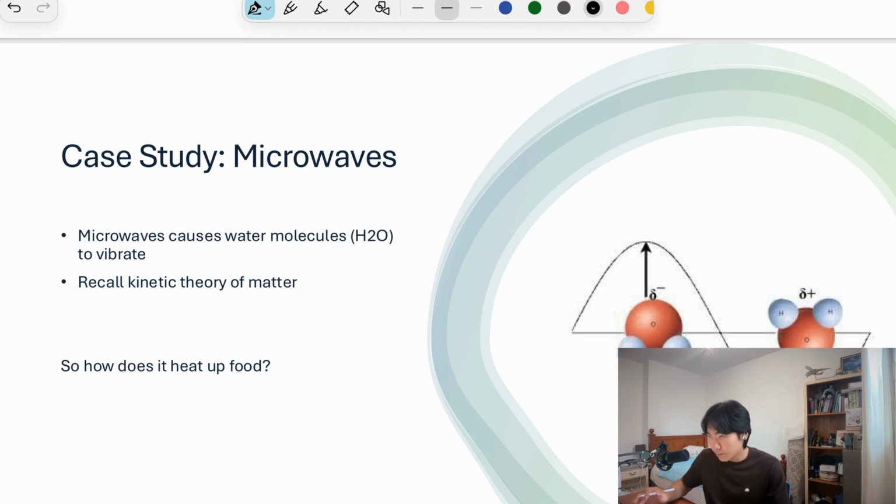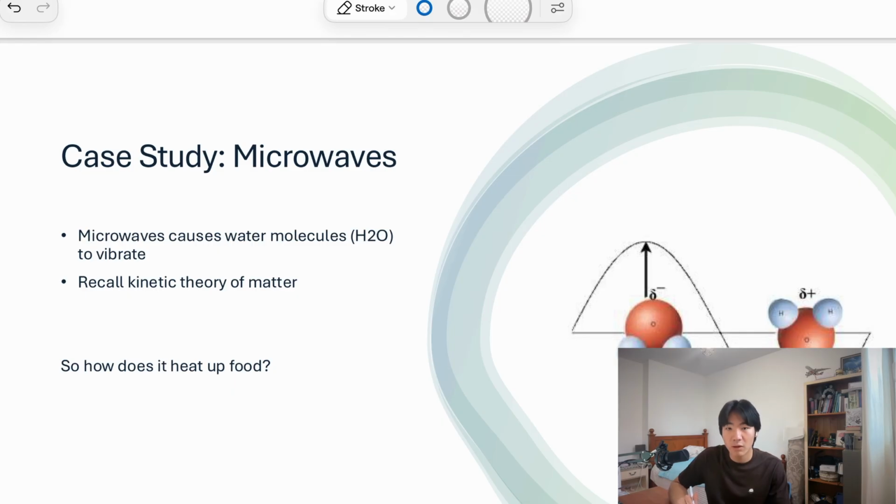So basically, on a surface level, what you should know is that water molecules vibrate in the microwave spectrum. Not the entire spectrum, but a very specific wavelength in that spectrum. Because to be honest, your 5G phone, your Bluetooth, all these electromagnetic waves are also in the microwave spectrum.